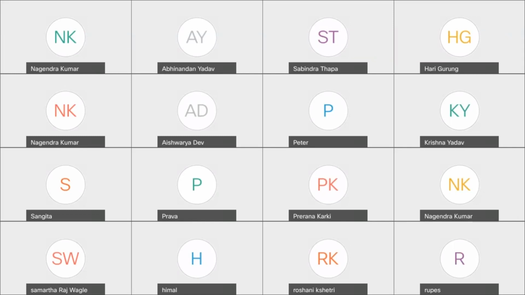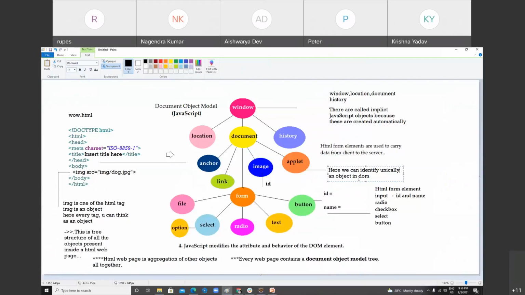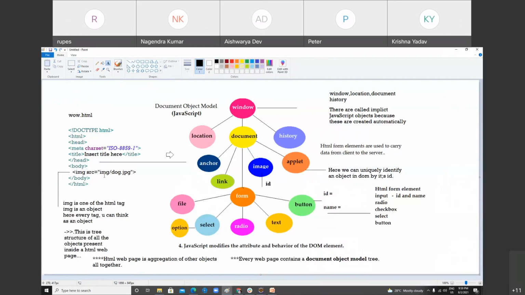So we should use ID. Here we can uniquely identify an object in DOM by its ID. So when you create any object in the HTML page, you should assign a unique ID to it. Of course. Do you understand? Let me show you another nice example.